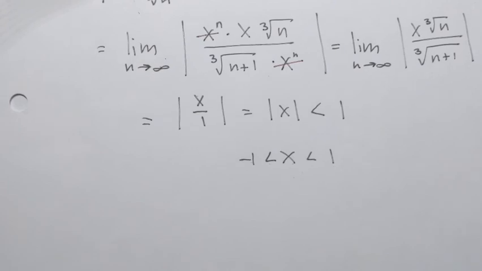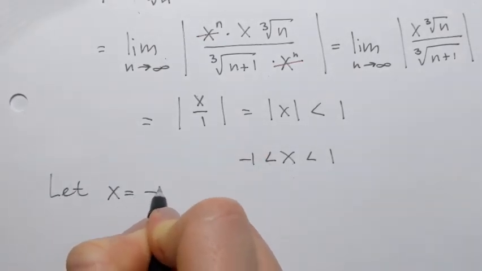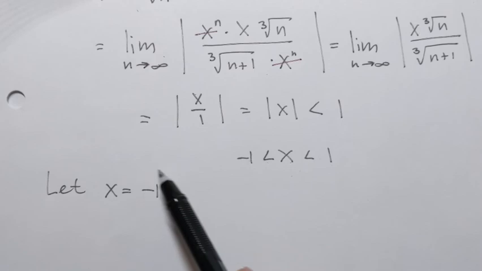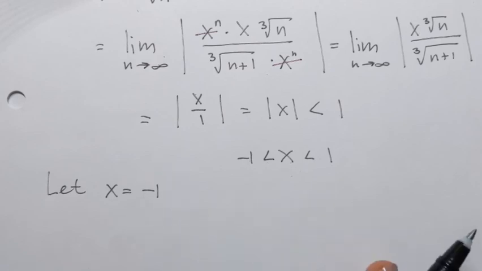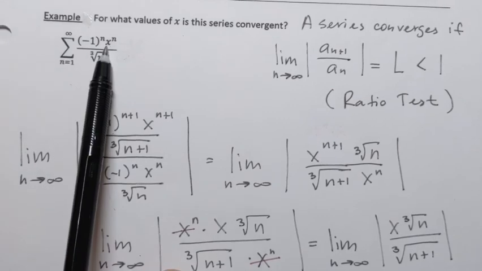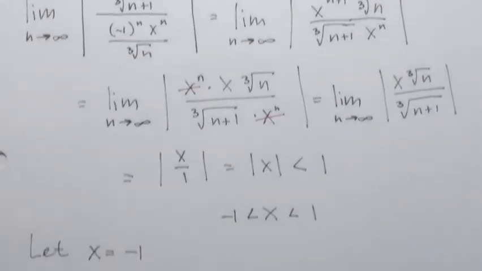So first we're going to say, let x be equal -1. So we're going to see what happens when x equals -1. What we do, we take -1 and we plug that value into our series. So it's no longer going to be a power series. We'll let x be equal -1 and see what happens.